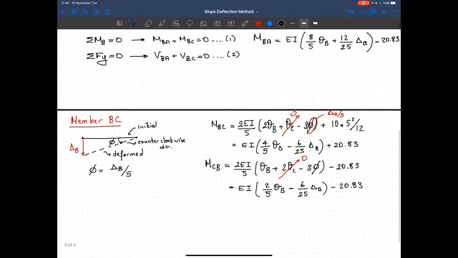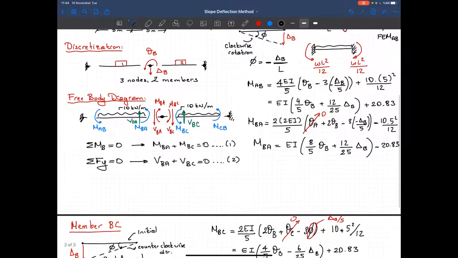But if you come back here, we need to figure out the shear forces also, V_BA and V_BC. Okay, so let me do it in here. Let's determine what V_BA is.